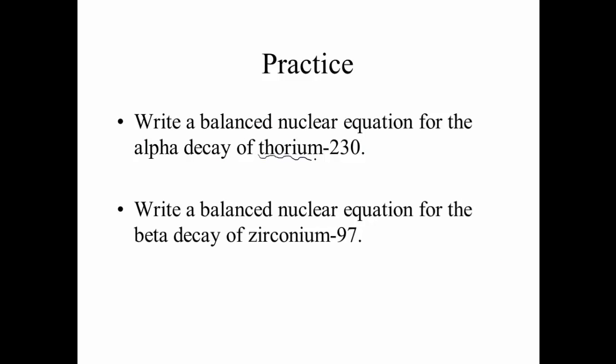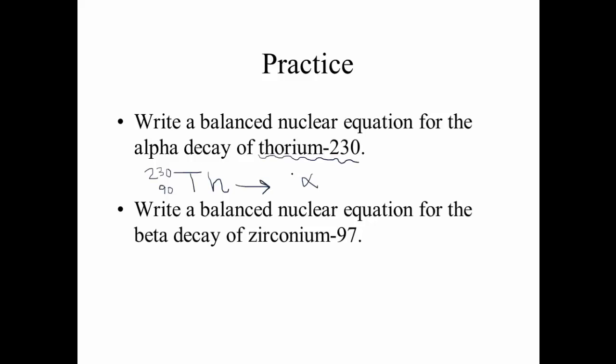So thorium-230 starts as Th, and the number after the hyphen is always the top number, so that's 230. And then thorium, if you find it on the periodic table, is element number 90. Okay, so this is our parent element, thorium-230, and it's going to undergo alpha decay. So that means it's going to release an alpha particle.